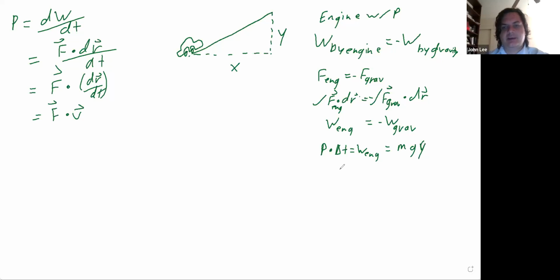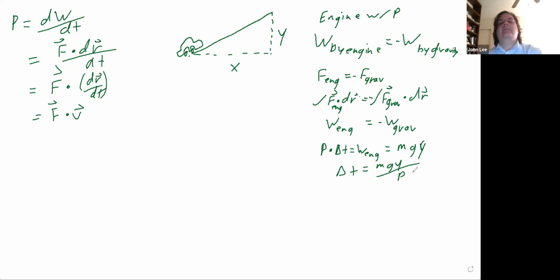So delta T is equal to mg y over the power of the engine. That's just how long it's going to take you to get up the hill.